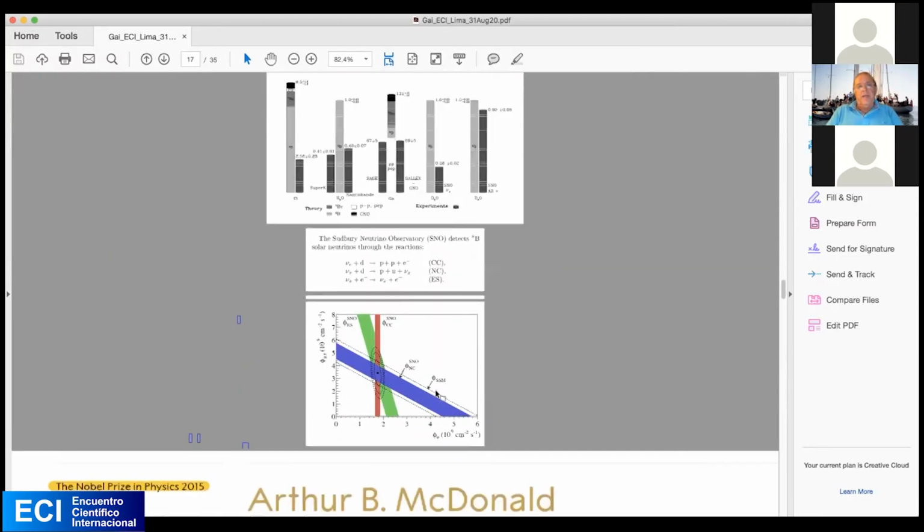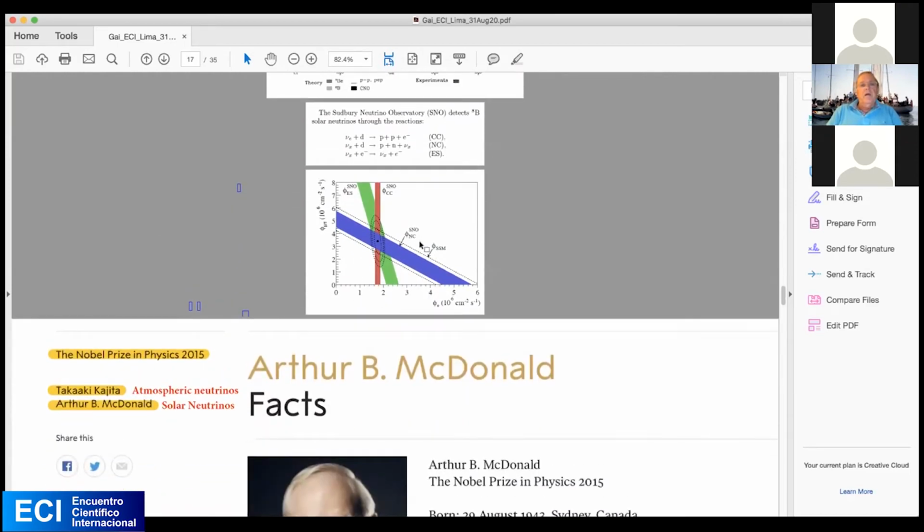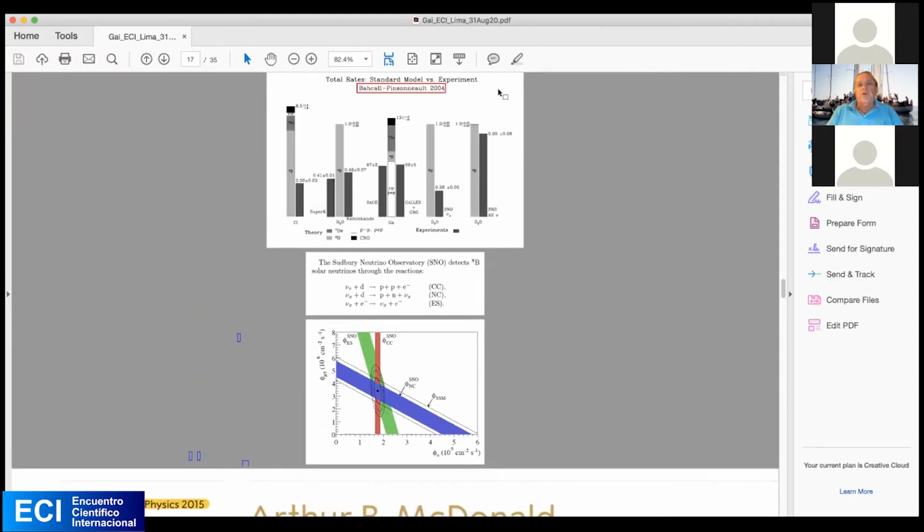And this is basically the figure that allowed us to declare victory after 40, 50 years of work. The Sudbury Neutrino Observatory observed the full neutrino flux as predicted by the standard solar model.